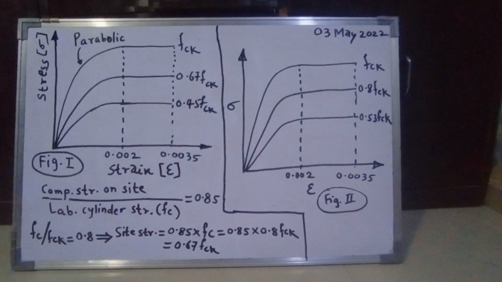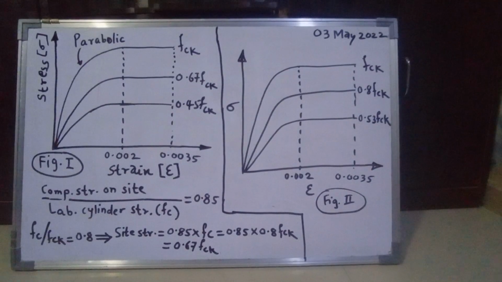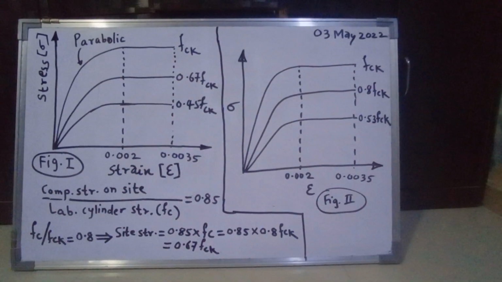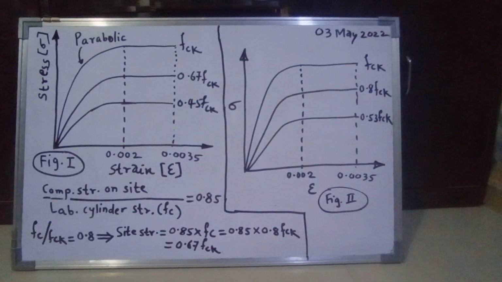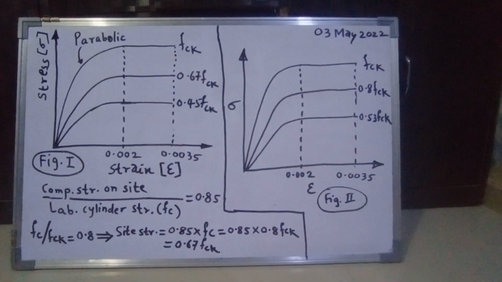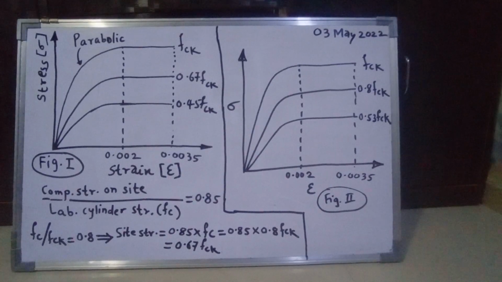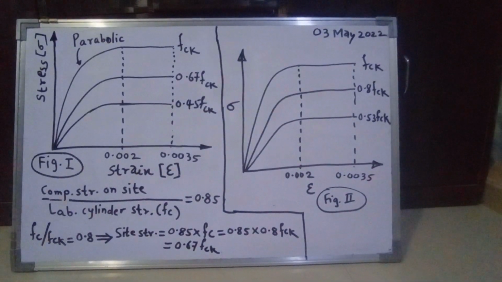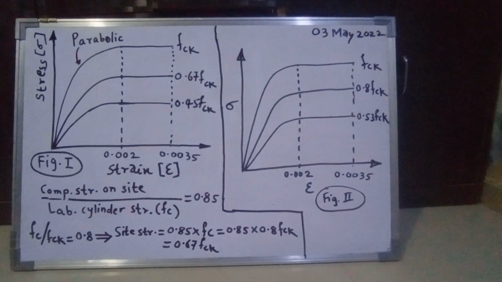But for huge works, like skyscrapers and multi-storied buildings, with the advancement of concrete technology, nowadays the quality control is really good. And therefore, one can ponder upon a random thought whether that 15% reduction, that means that 0.85, is really needed, because anyhow we are going to apply 1.5 again as the partial safety factor for material.